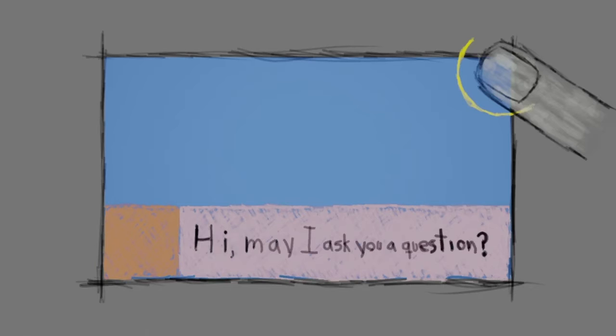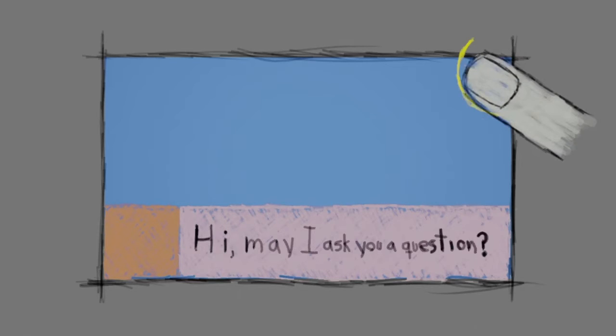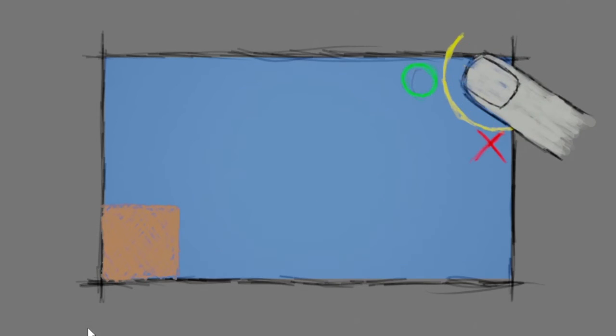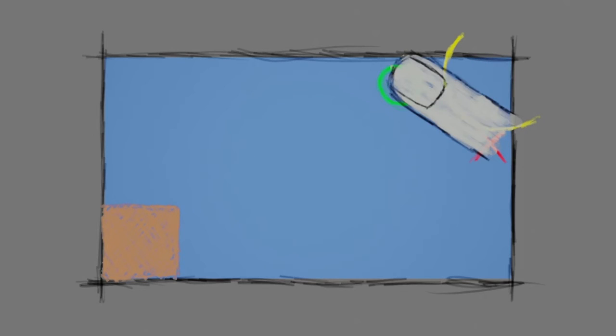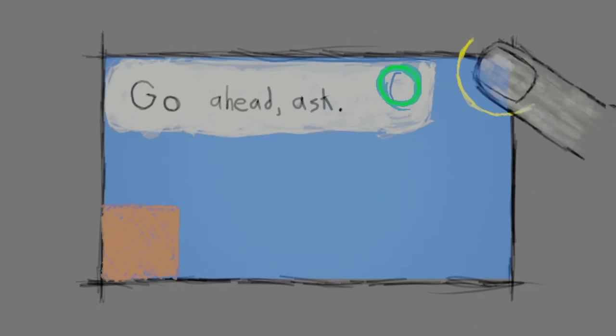And the NPC asks, may I ask you a question? This is a yes or no question, and the dialogue adapts to that. It shows two options, yes or no, and the player selects yes.